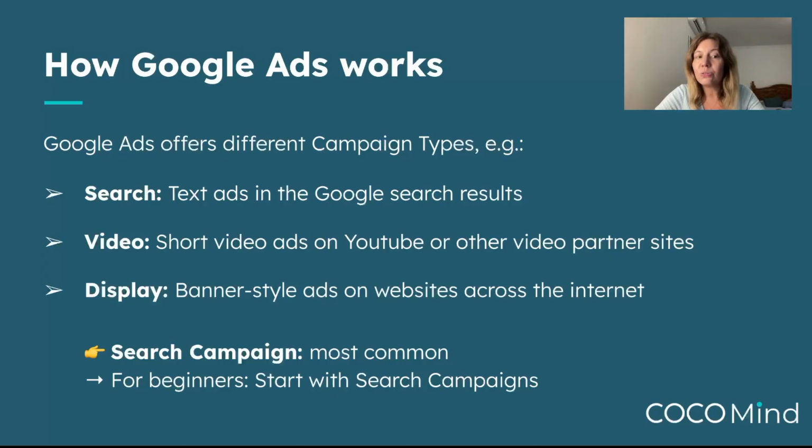As well, you can choose a display ad, which is the banner style ads on websites across the internet. But the search campaign is the most common campaign. For beginners, I always recommend starting with a search campaign. So if you are a beginner, please do me a favor and start with a normal search campaign.